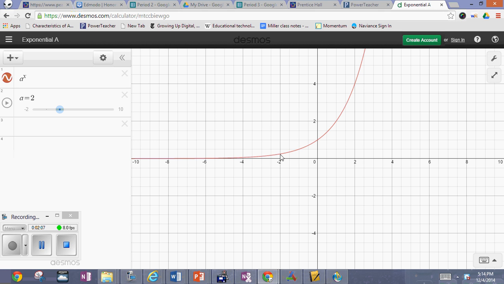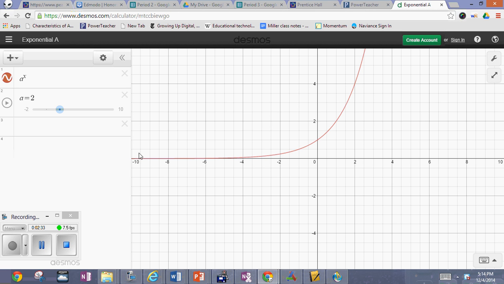If I say -3, then I have 1/8 right here. A -4 would give me 1/16. So we can see that the graph is approaching the x-axis; the limit as x moves towards negative infinity is becoming closer and closer to 0.